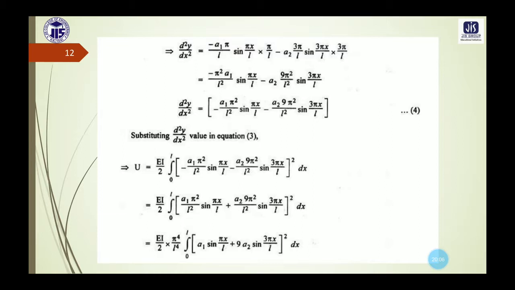So this is the mathematical representation of the second step.